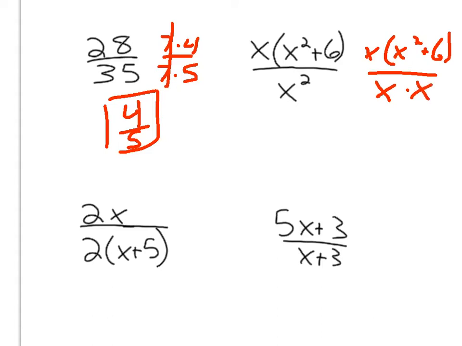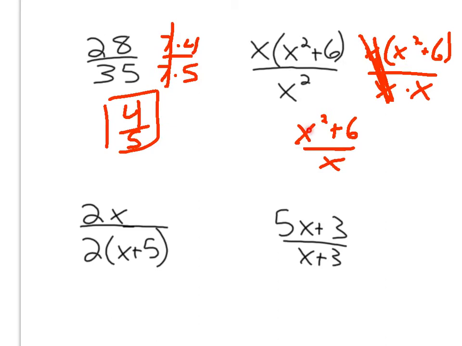Now, do I have any common factors? Well, my factors on top are x and x squared plus 6 because that's what I'm multiplying together. And here I got x times x. So I've got a common factor right here of x because I'm multiplying by those. So my simplified expression is x squared plus 6 over x.